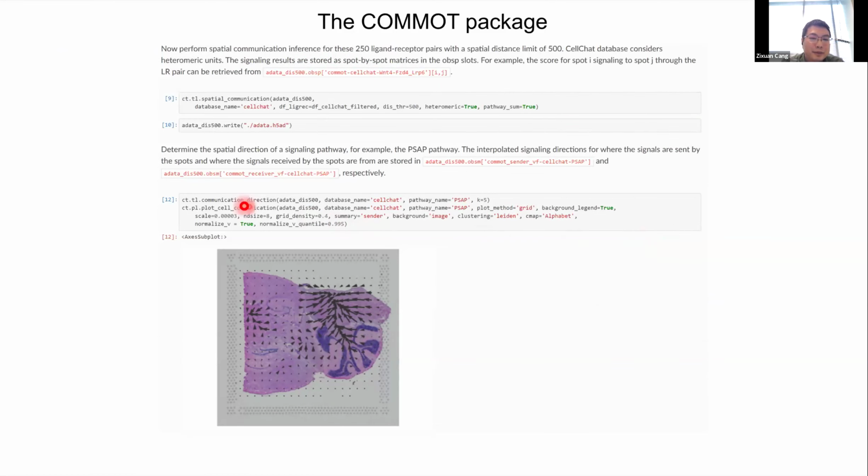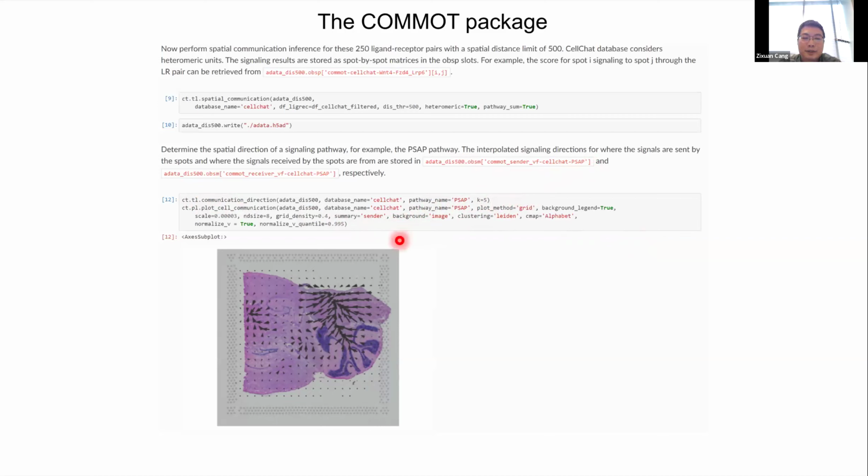And then we can run the communication. Like I said, it produces one main output for one particular ligand receptor pair, just a cell by cell or spot by spot matrix. From that matrix, we can turn it into other interpretable objects, like the total amount of received signal and the total amount of sent signal of each spot.